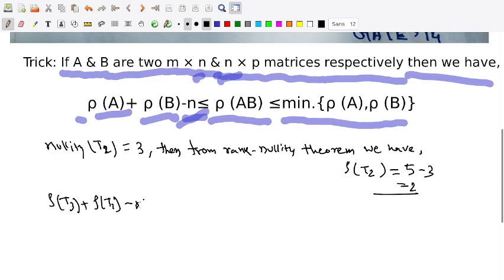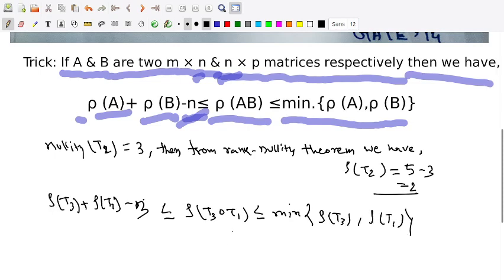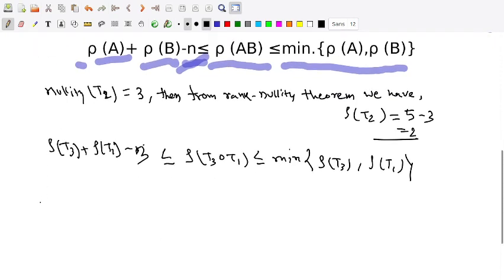So here n is 3, less than or equal to rank of T3 composition T1, less than or equal to the minimum of rank of T3, rank of T1. We don't know the value of rank of T3, so this is the same, and rank of T1 is 3. So rank of T3 plus 3 minus 3 is less than or equal to rank of T3 composition T1.